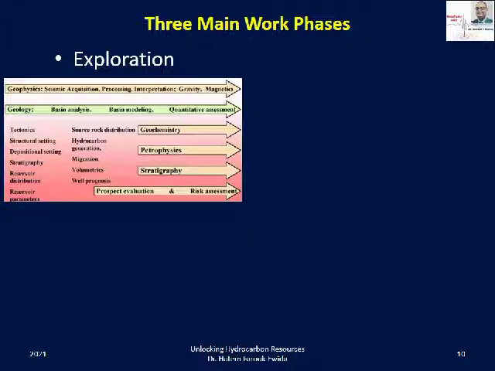In geology, we work with basin analysis, basin modeling, and we can do some quantitative assessment. Some of the disciplines used: we look at the tectonics, what's the structural setting of the subsurface, what's the depositional setting. We're talking about stratigraphy, reservoir distribution, reservoir parameters, source rock distribution, hydrocarbon generation. I will give you hints about each of these.